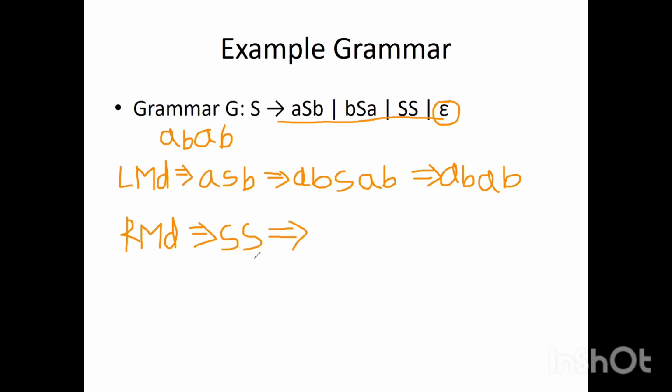In this rightmost derivation, we will first derive the S present at the right side of this production rule. So we will replace that S with ASB. You will understand exactly why these derivations are called leftmost and rightmost later in this video.